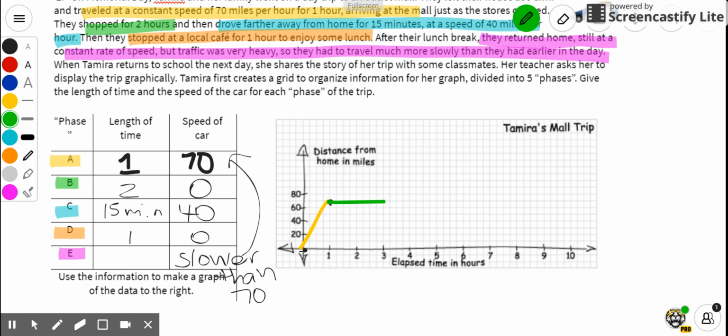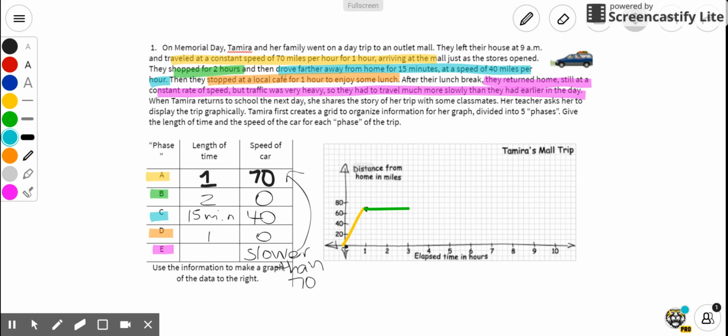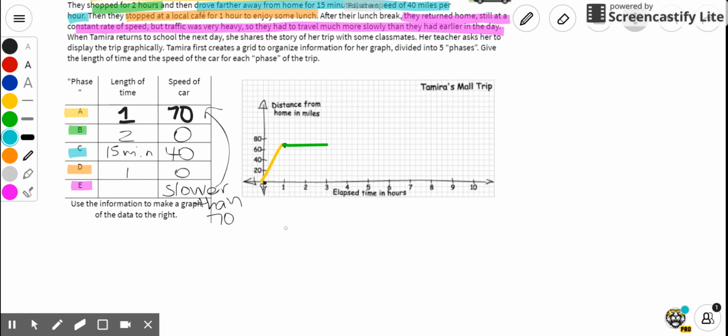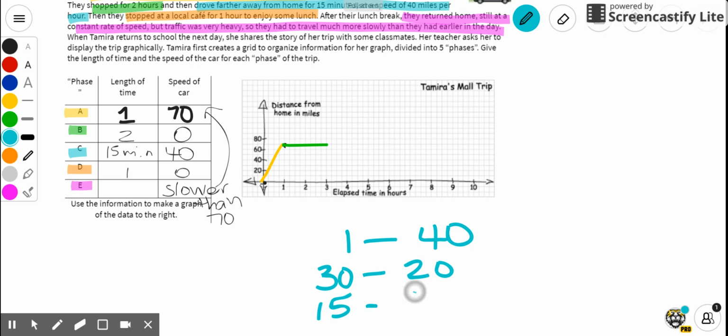And then part C, she did 15 minutes at 40 miles an hour. So let's just do some think work for a second. If 1 hour, she drove 40 miles because it was 40 miles per hour, half an hour, which is 30 minutes, she would have driven 20 miles, and that means 15 minutes, she would have gone 10.